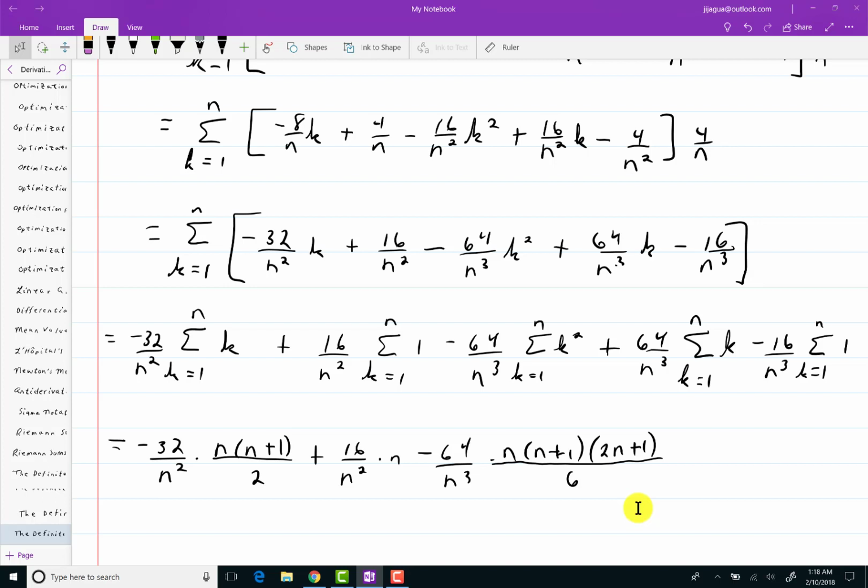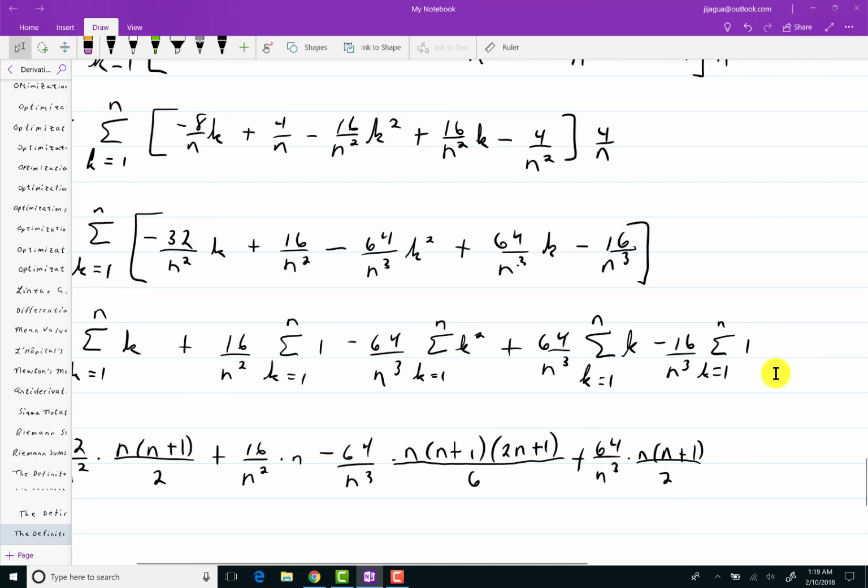Let me fix that plus. And then I have the formula for k. I'm going to have plus 64 over n cubed times n plus 1 over 2. And finally then I'm going to have negative 16 over n cubed times n.